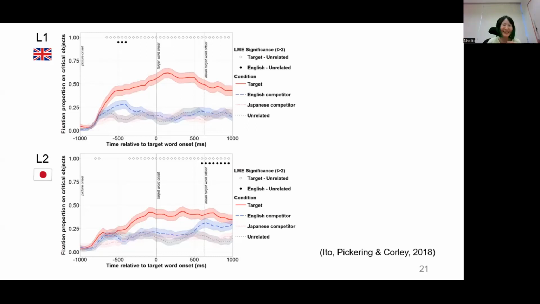But let me try answering your question. So let's say you have data like this, right? For the A1 speakers data. Here, the looks to the target basically keep increasing, right? And for the competitor, the fixation proportion increases and then decreases quickly, right? This is often the pattern that you see when we look at the fixation proportion to the target that's mentioned and the competitor that's related to the target.